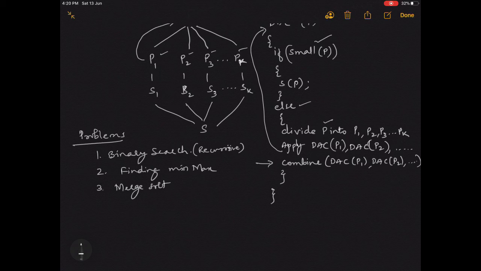We have different problems where we apply this divide and conquer method. We have quick sort, and we have Strassen's matrix multiplication. So we'll see finding min and max problem, which is an application of it.